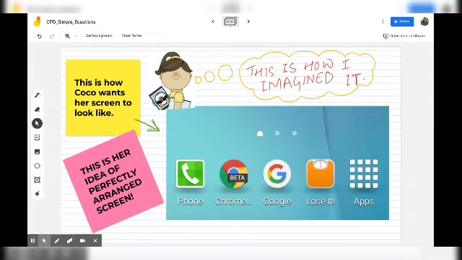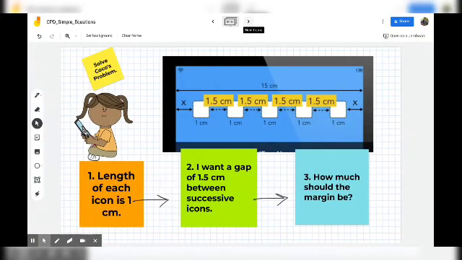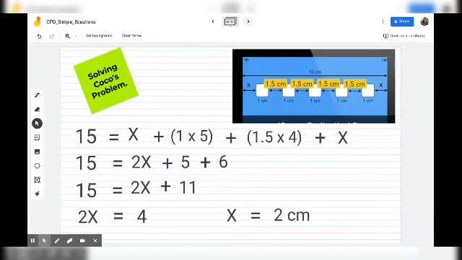But something is wrong each time she places the icons on the screen. Let's see how Coco wants her screen to look. This is her ideal screen with equal gaps between icons and some margin left on both the sides over the screen. With length of the icons, gap between the icons, and total length of the screen given, can you help her find the suitable margin to be left on both the sides?